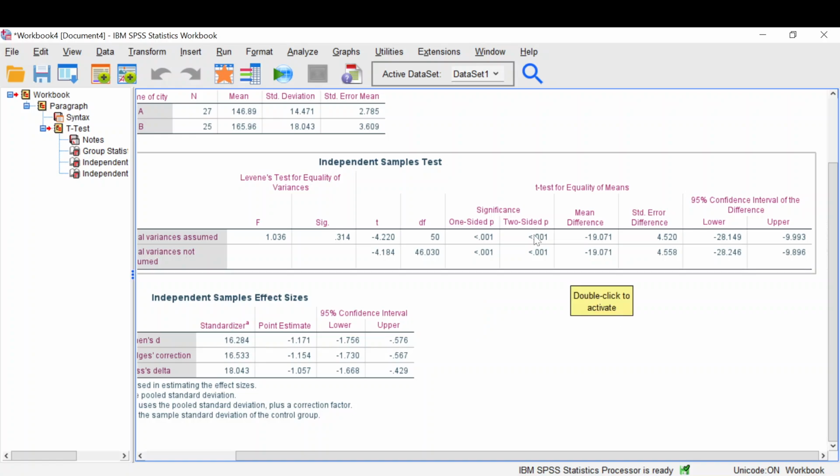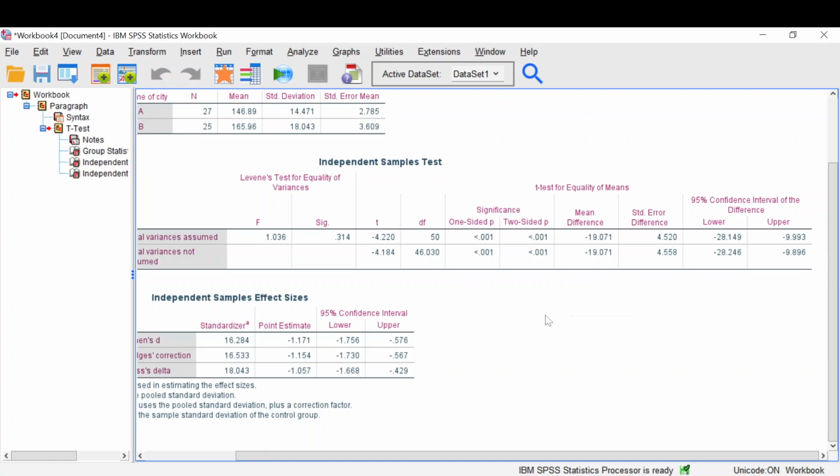So these two numbers, our significance and our t-statistic, we use those together to confirm that we will reject our null hypothesis, and we conclude that there is a statistically significant difference between city A and city B in terms of after event sales.